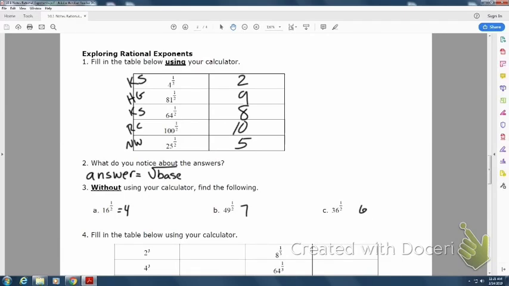Before I move on, I need to make sure that you're aware of this expression. On this page, we're really talking about rational exponents. Let's make sure we know what that means. Rational is a fancy word for what? Fraction.